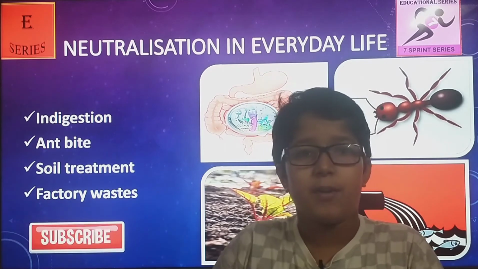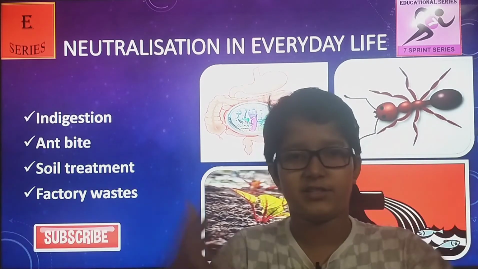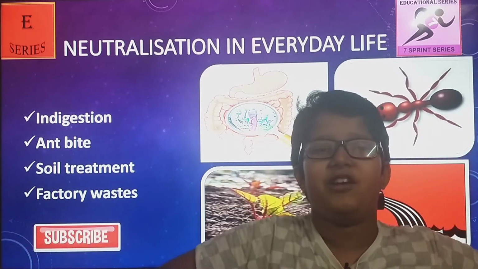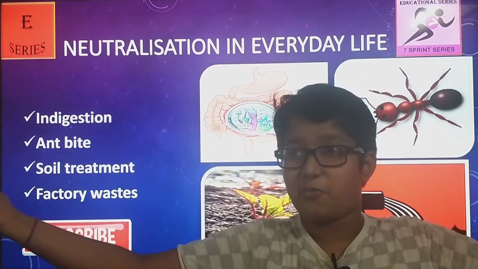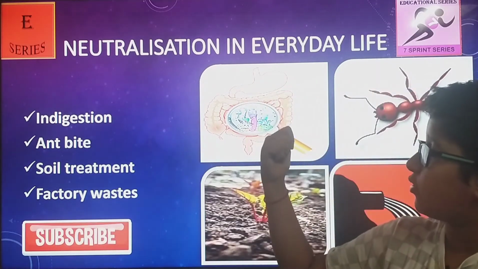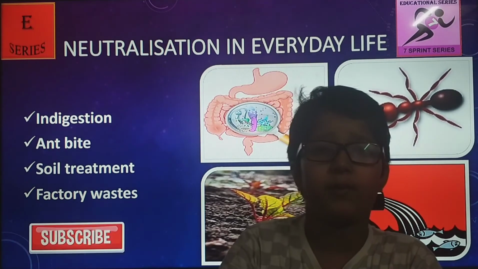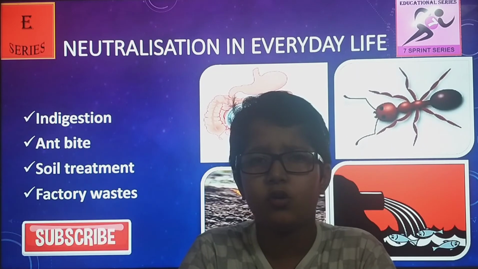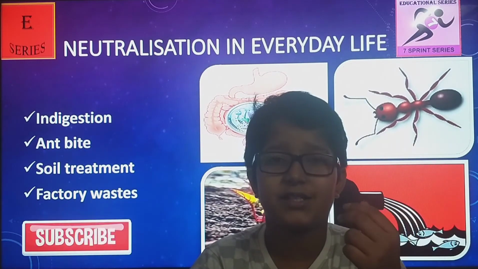So if you have acid in your stomach and you drink a base, then the acid and base will become salt and water, and your stomach pain will go. And ant bite.